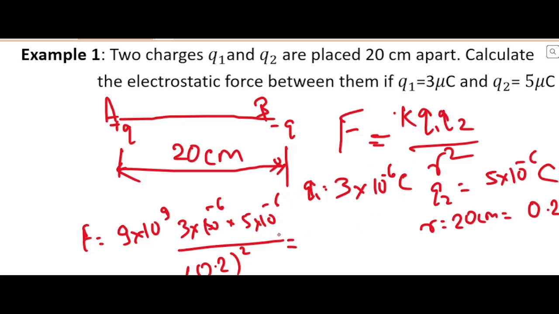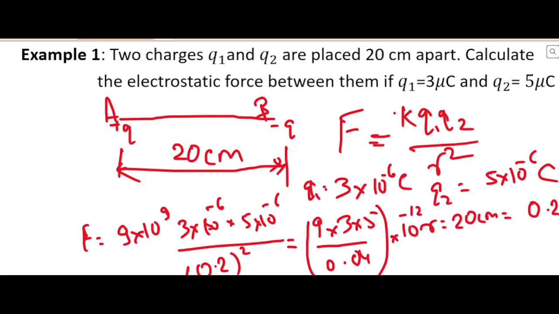You can take the separate values 9 into 3 into 5, and 0.2 square is 0.04. Okay, 3.3. Very good, very good. You got the answer, right? Shabash. F is equal to 3.3 Newton. Very good. Shabash.